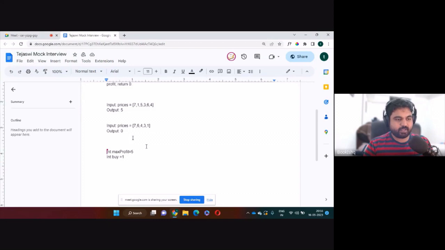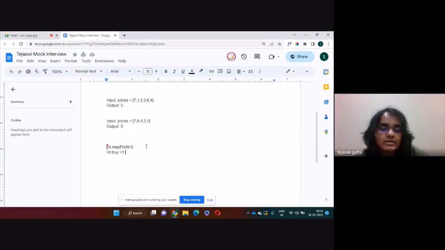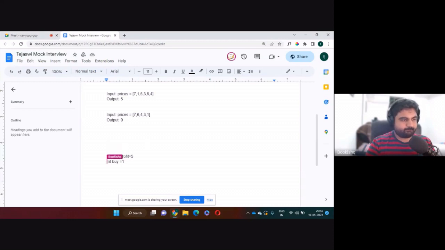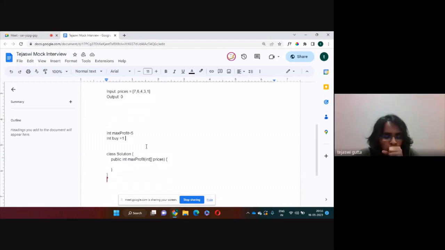Which language would you like to proceed in? Java. Sure. So say we create a class called Solution, and you will try to implement this max profit method.